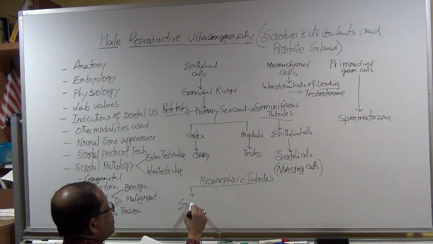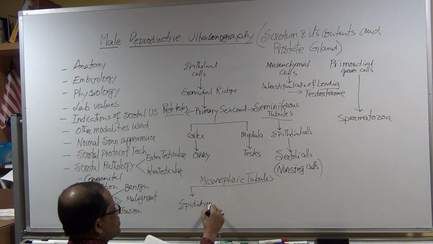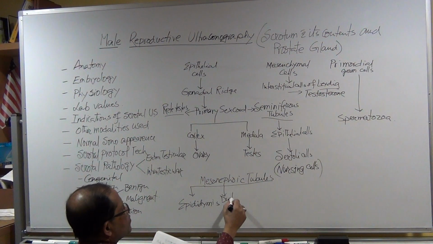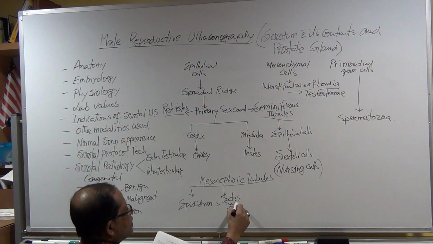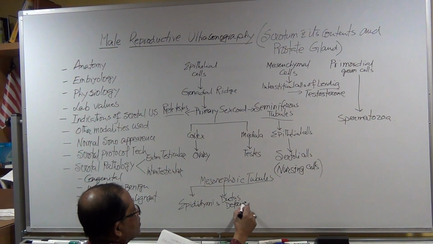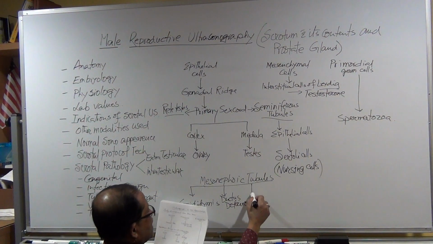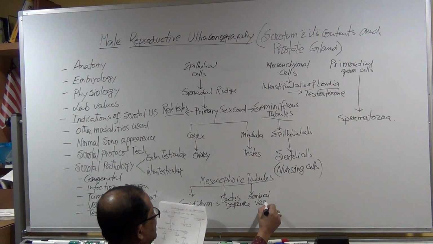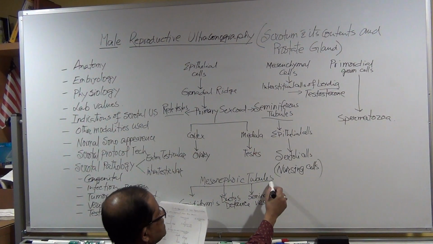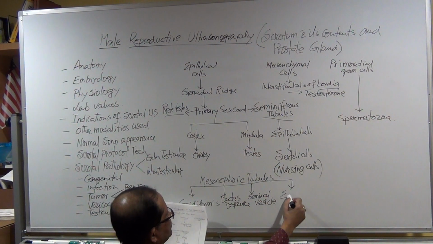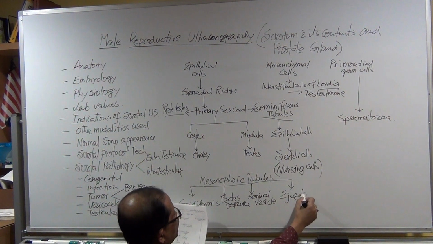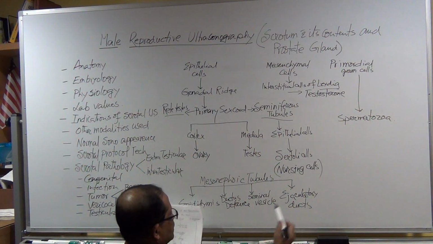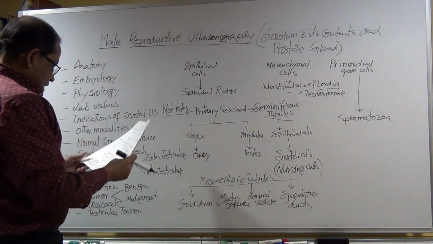One is epididymis, another is ductus deferens, another is seminal vesicle, and another is ejaculatory duct.